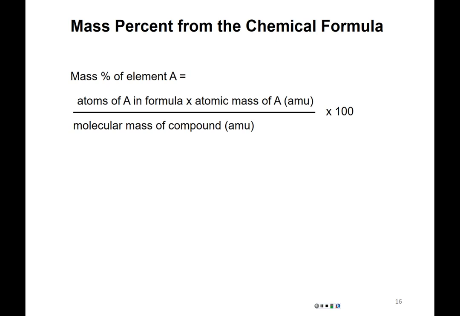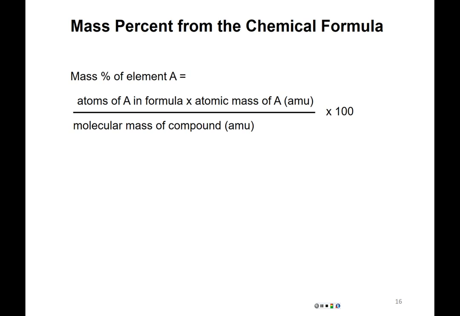The other thing the book talks a lot about is calculating mass percent, either as a percentage or as what they call a mass fraction. And the way that I would recommend doing it is shown here. The mass percent of an element that's in a compound, let's just call that element A, is going to be equal to the number of atoms of A that are in the formula for that compound, multiplied by the atomic mass of A and divided by the molecular mass of the compound.